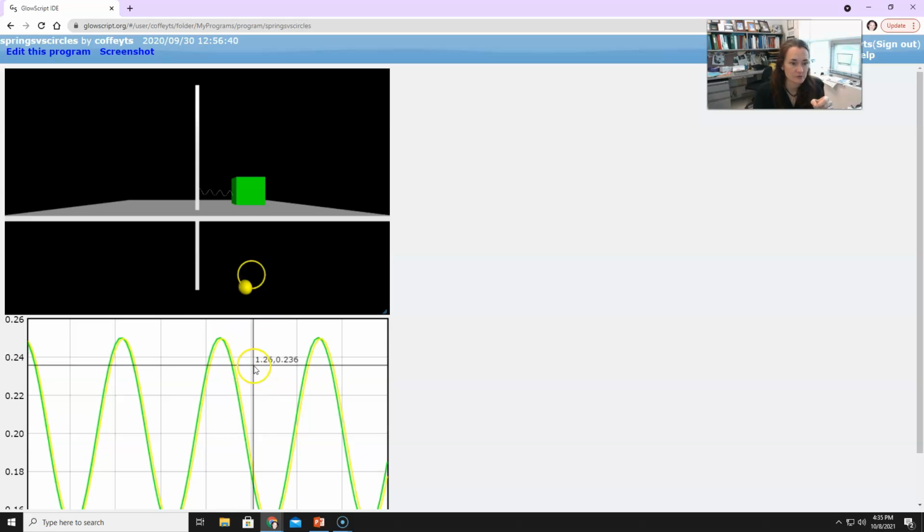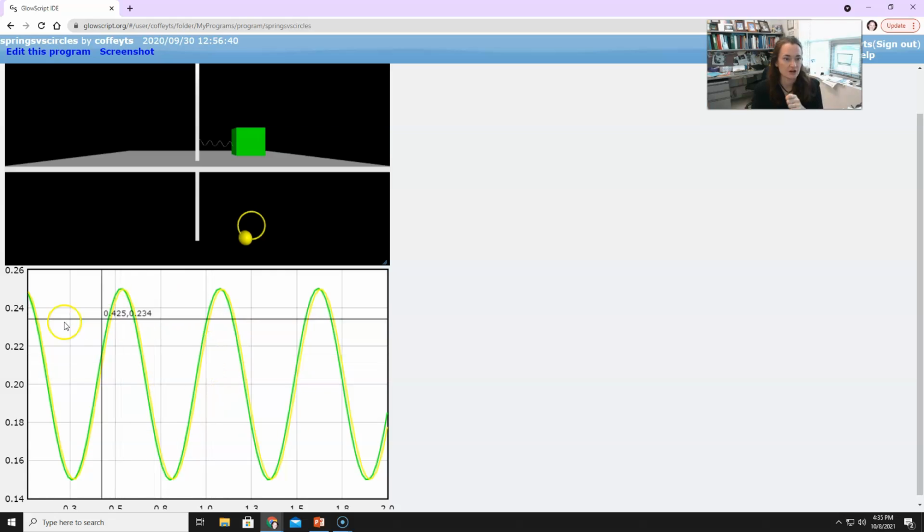Now, I did give it a little bit of offset. What I've shown here is a plot of the x component of the object that's moving in a circle. I've shown its x component in yellow on this plot. And then I've also shown the x position of the mass on the spring in green on this plot. Okay, so that's what I've shown. Let me run it again.